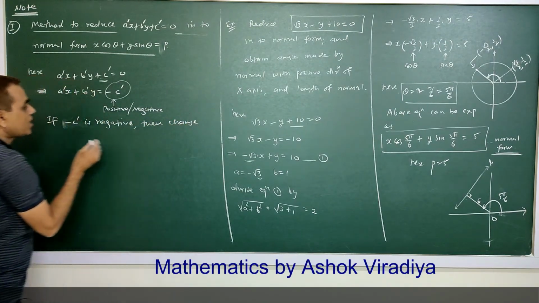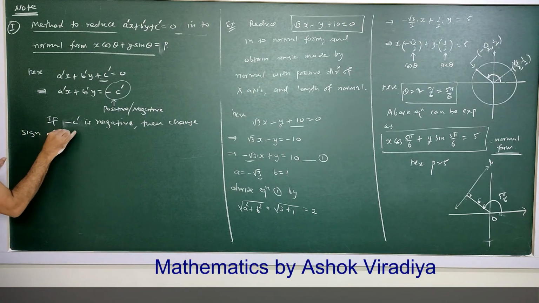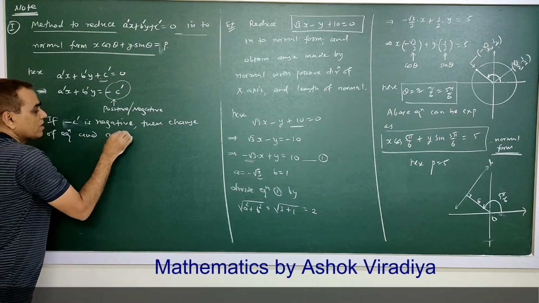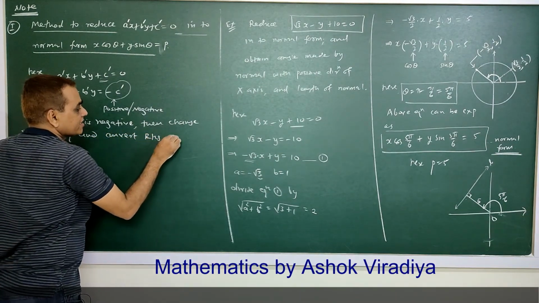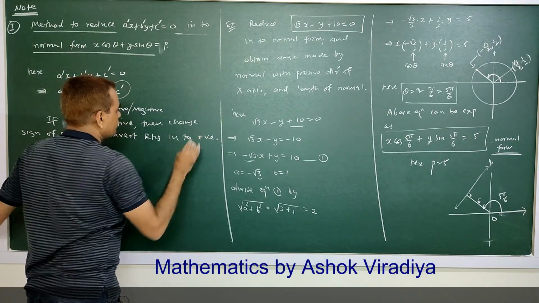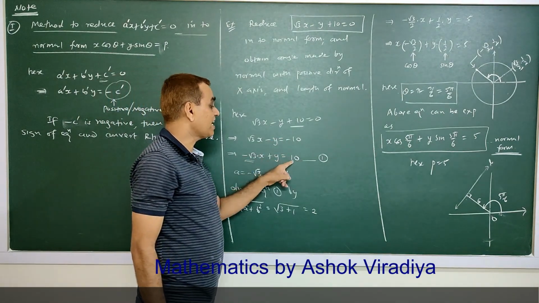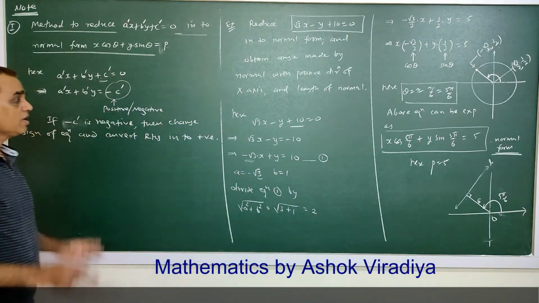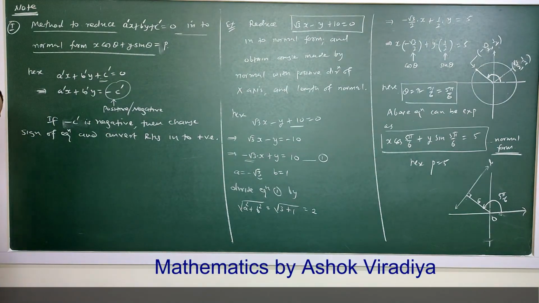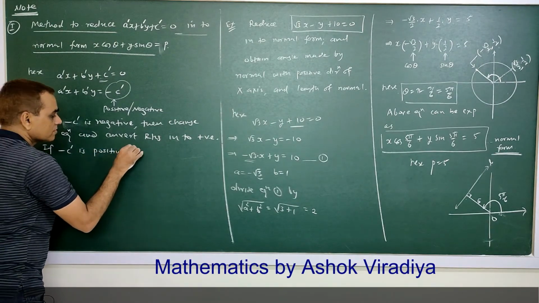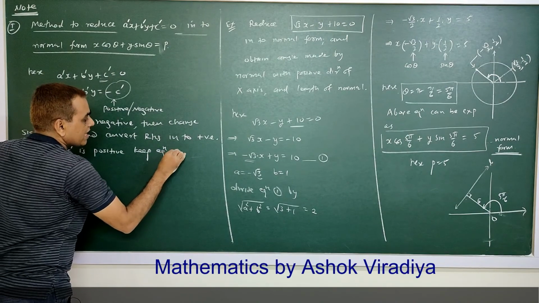then change the sign of the equation and convert the right hand side into positive. So if this is negative, change the sign and convert the right hand side into positive. If minus c dash is positive, don't do anything, keep the equation as it is.